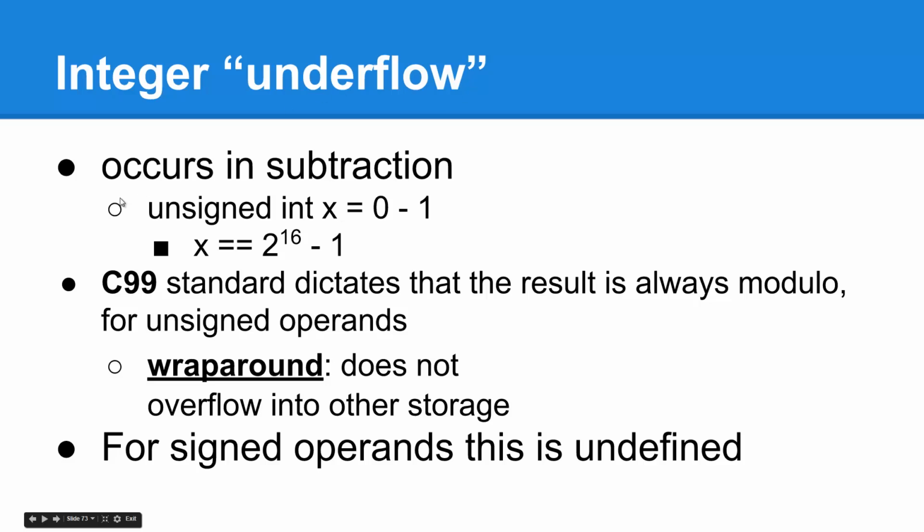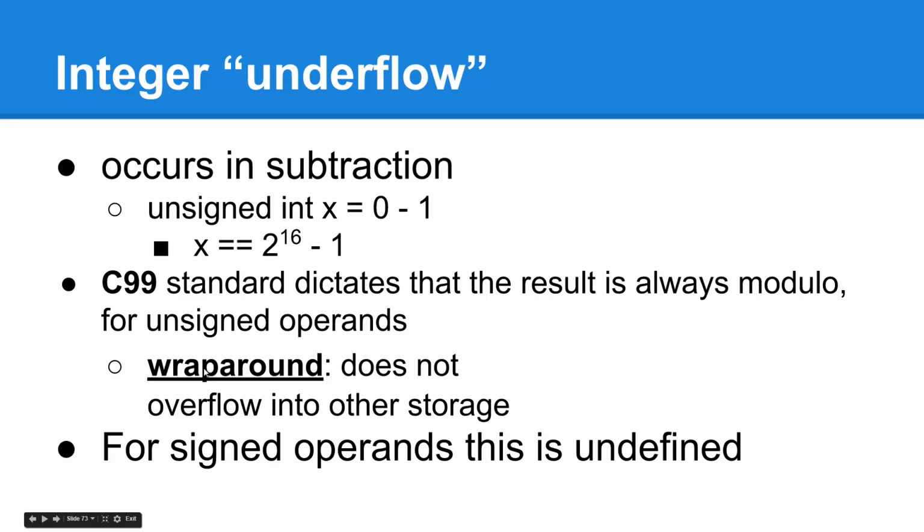So integer underflow simply occurs when you decrement the minimum value for an integer type or a numerical type. So the C99 standard dictates that the result is always modulo. So if you have an unsigned integer 0 and you subtract 1, it's going to be the max unsigned integer.